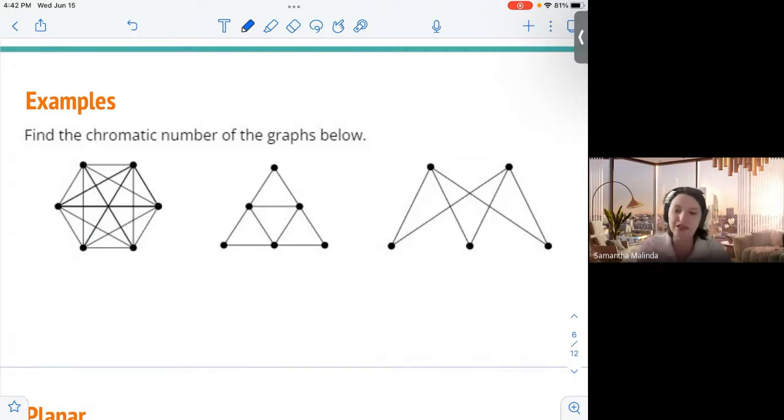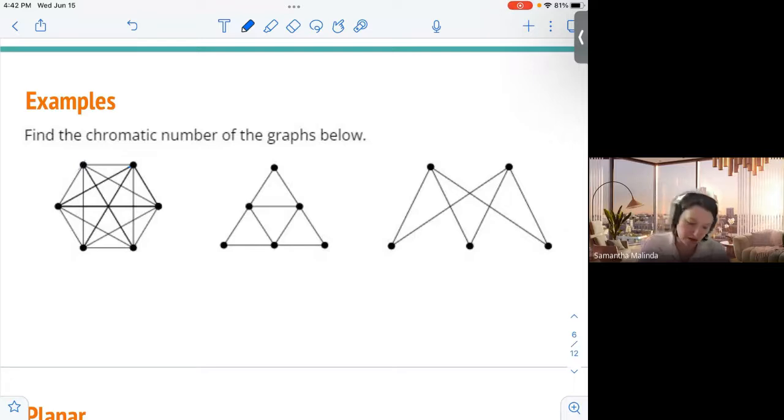So something I would look at in the first graph is that it looks like every vertex is connected to one another. I see that this vertex is connected to this one, and so on and so forth. And if you go to any vertex, that is the same. So that should make you ask the question, well, if they're all connected, does any of them share a color?